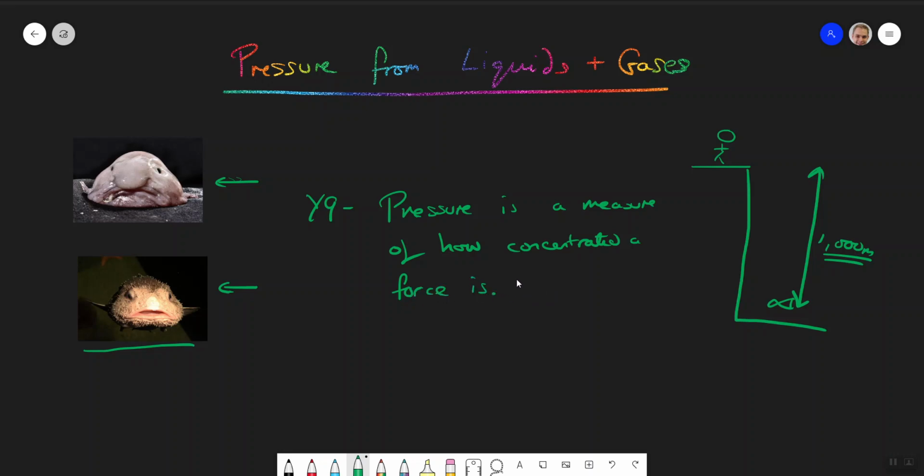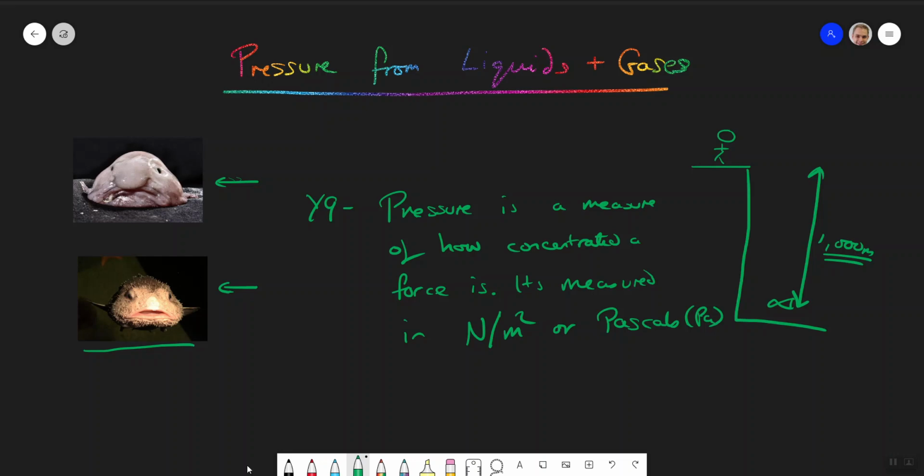Okay, and it's measured in newtons per square meter or pascals. You can measure it in newtons per centimeter squared and whatever, but if you're dealing with newtons per square meter, it's equivalent to a pascal.